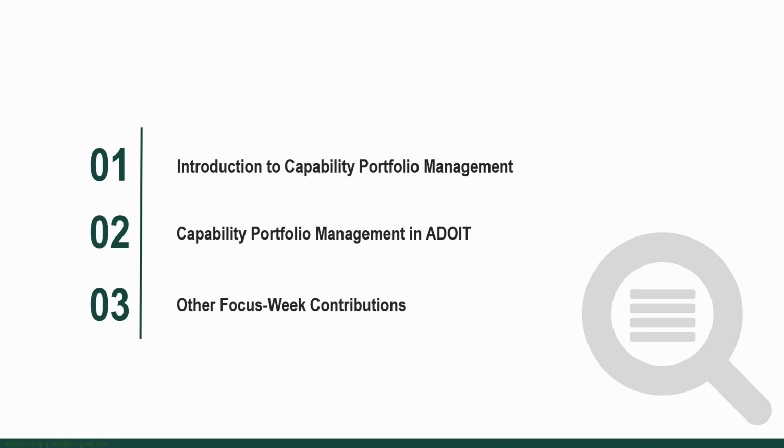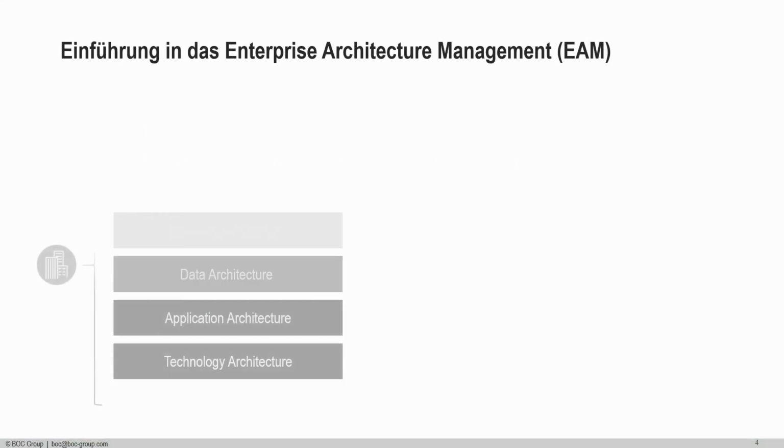Now, I hope some of you have already had a chance to attend some of our previous webinars that covered the topic of portfolios with Archimate, where our colleagues introduced you to enterprise architecture management, but maybe just a short summary of that.